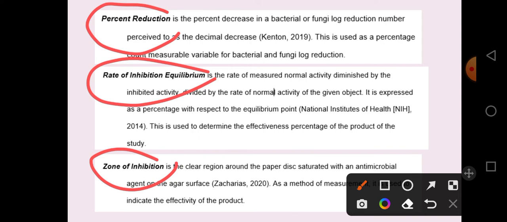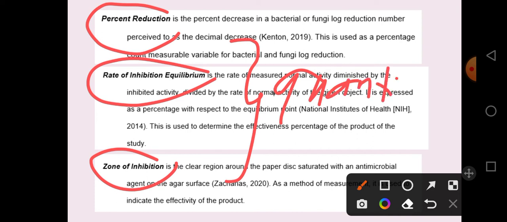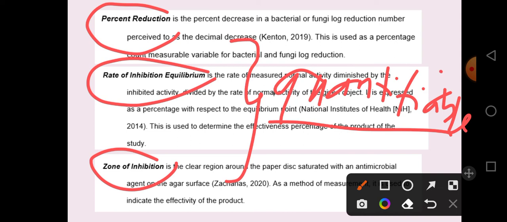These terms are actually quantifiable in nature. So if the terms are quantifiable in nature, are they measurable or not?